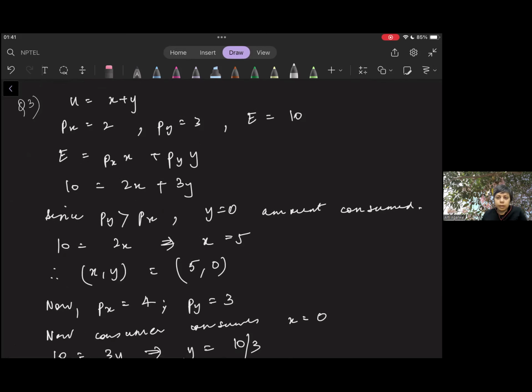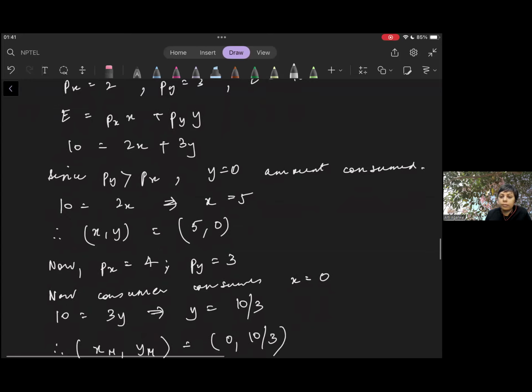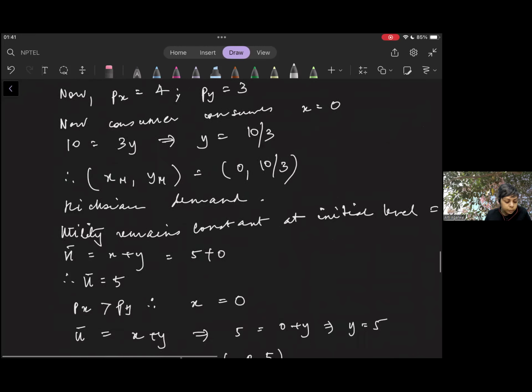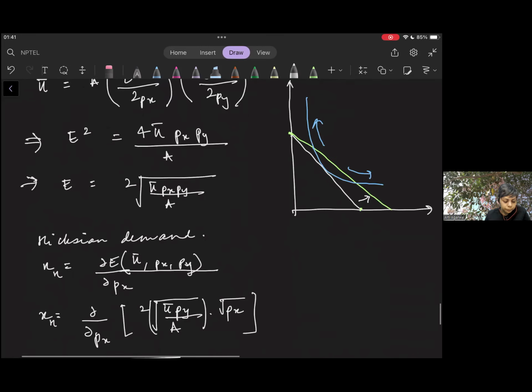You see which price is higher, and that good will be consumed in zero quantity. Then you see after the price change which price is higher, and that good's consumption is zero. So you hold utility constant and you just calculate the consumption quantity of the other good.